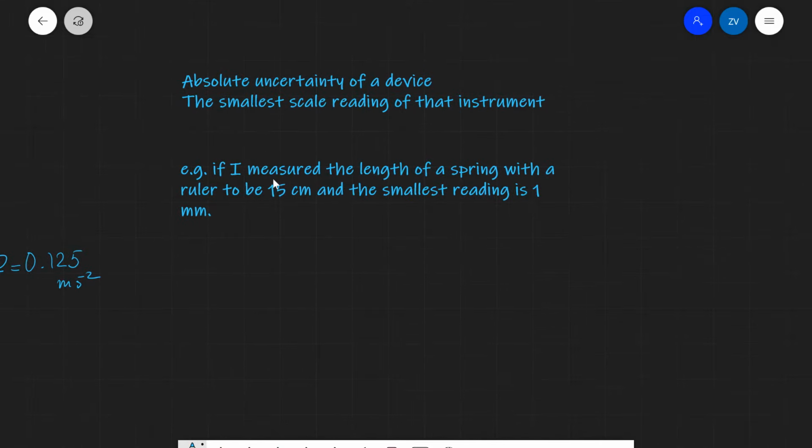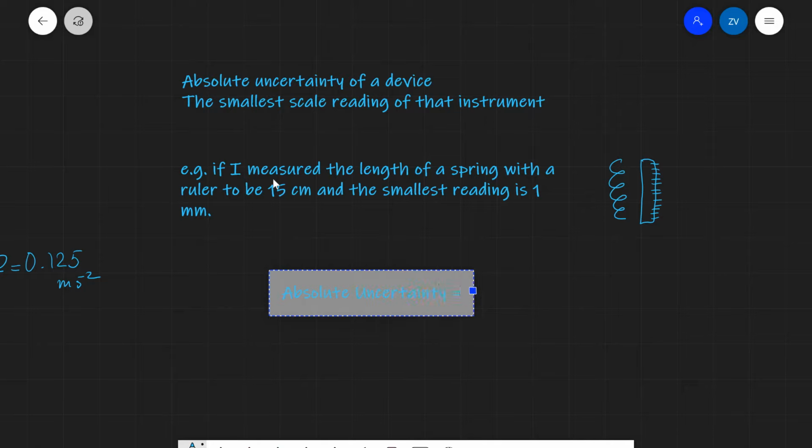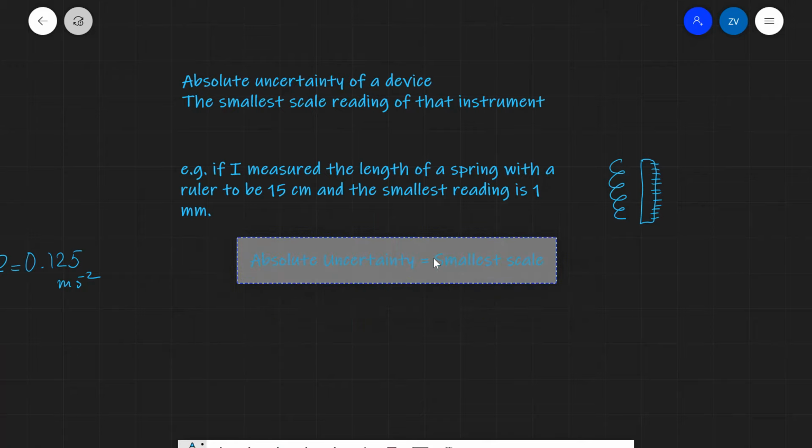For instance, if I was to measure the length of a spring, and I do that with a standard ruler in which the smallest scale is given in a millimeter, the absolute uncertainty in this case is given by the following. So let's just write this down, that in this case the absolute uncertainty is equal to the smallest scale. Now, or the smallest reading. What do I mean by that?